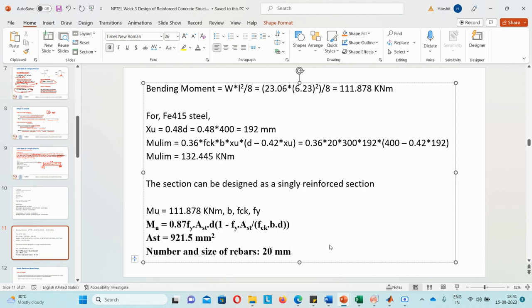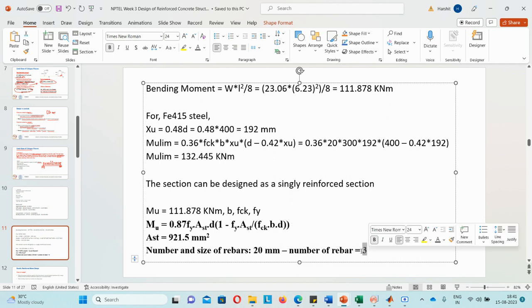So you know the area of one rebar, you know the total area of reinforcement that you need to provide, so you can calculate the number of rebars needed. The number of rebars will come out to be 3. You can check both of these statements on your own later. Try this calculation and you will get the size of rebar as 20 mm and the number of rebars required as 3.